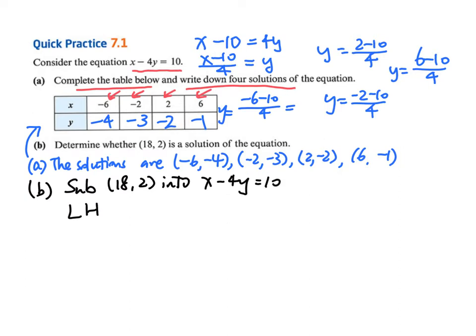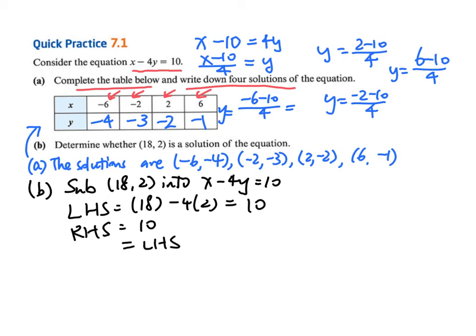Left hand side equals 18 minus 4 times 2. You press the calculator, so you will get 10. And then the right hand side is also 10, equal to the left hand side. So in this case, yes. So this is quick practice 7.1.